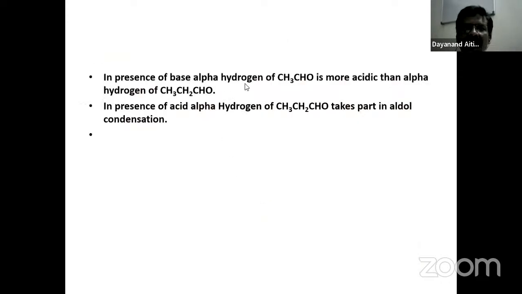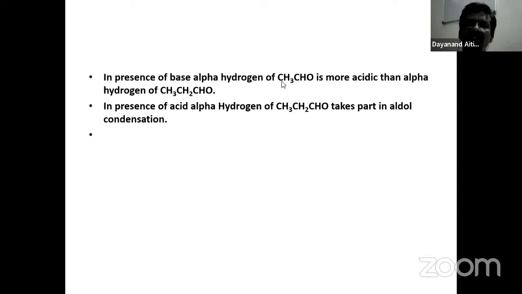In the presence of base, the alpha hydrogens are more acidic than the alpha hydrogens of CH3, CH2, CHO. In the presence of acid, alpha hydrogens take part in aldol condensation. Okay, these are very important points. Acetaldehyde and propanaldehyde, both are there in the mixture.